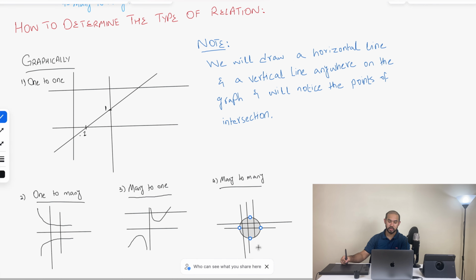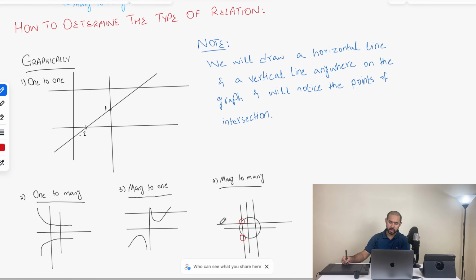Alright, so now let's have a look over here. For this one, I can see that when I've drawn this vertical line, it is intersecting the graph at 2 points. Right, that means for this value of x, there are 2 values of y. Then to determine the values of x at a single point of y, I've drawn a horizontal line.